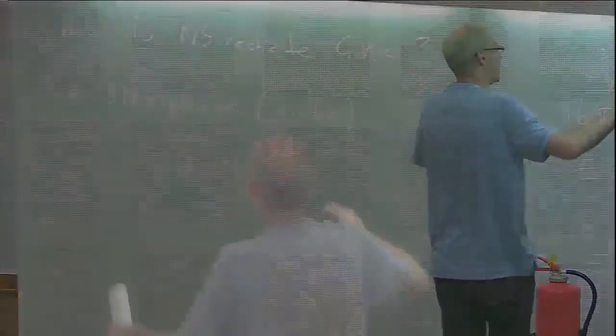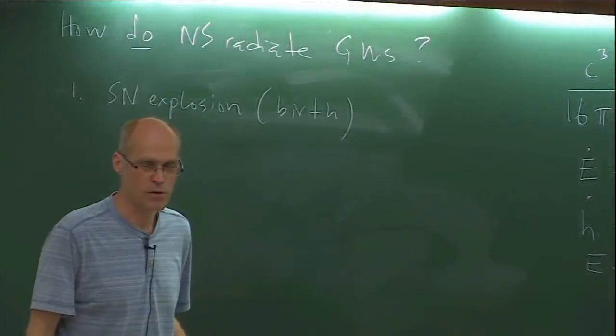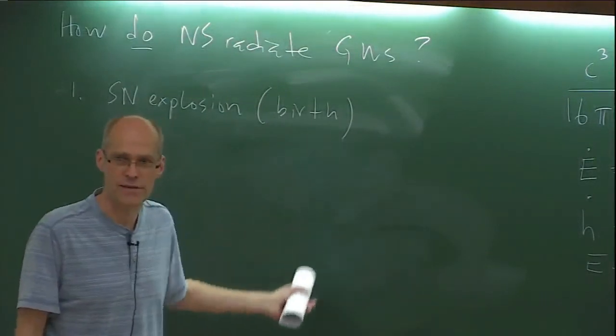And then the pesky numerical relativists that do simulations started doing these calculations. They found that the number here is not 10 to the minus 3, it's maybe 10 to the minus 6, maybe 10 to the minus 7, maybe 10 to the minus 8. And suddenly the promise of seeing neutron star signals from supernova core collapse dropped down this list.